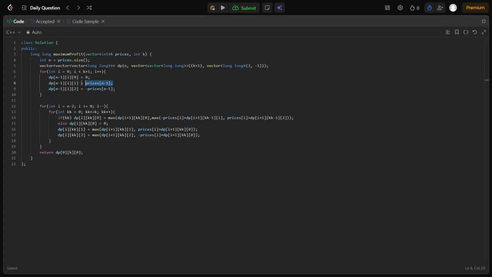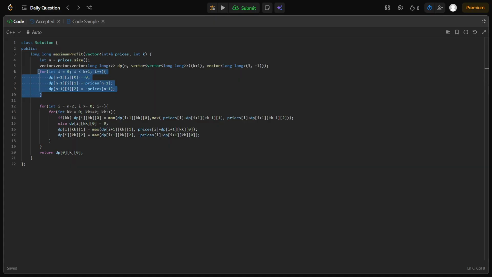If we are having a buy transaction going on, then we have to book profit. We have to sell that stock. And if we are having a short selling transaction going on, then we have to, of course, buy that stock and book profits.